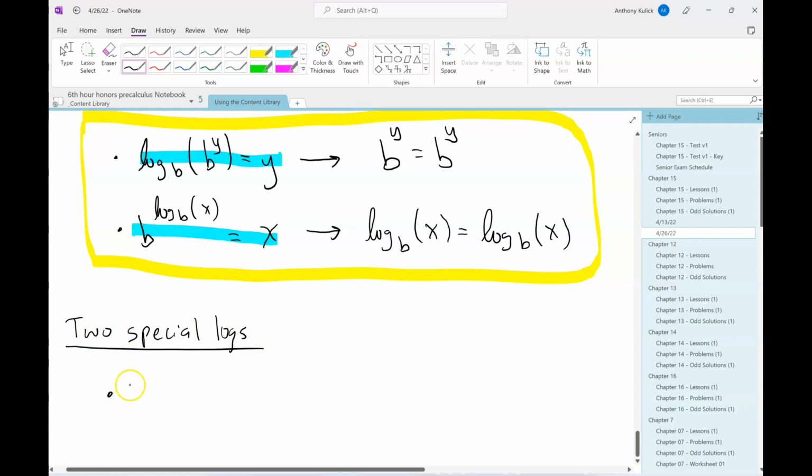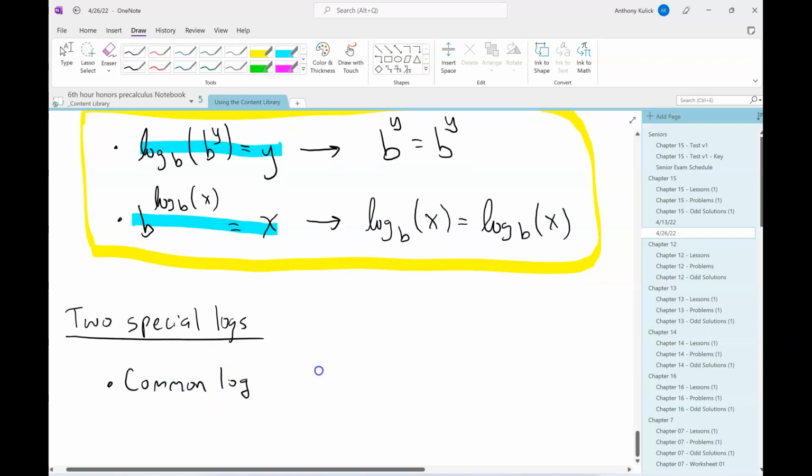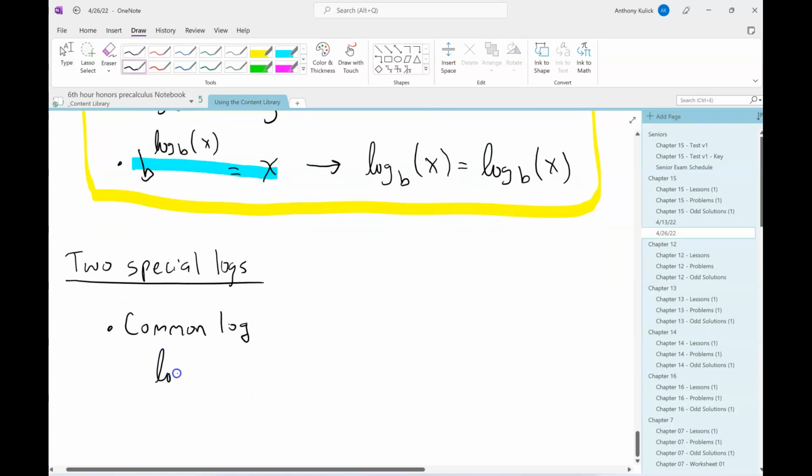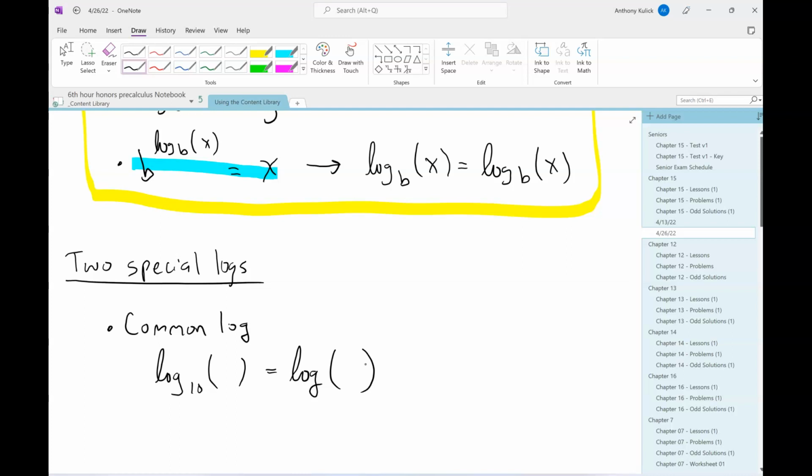There's two special logarithms. The first is called the common log. That common log is log base 10, but we don't write the 10, we just write log with no subscript, and we'll understand that to be log base 10.